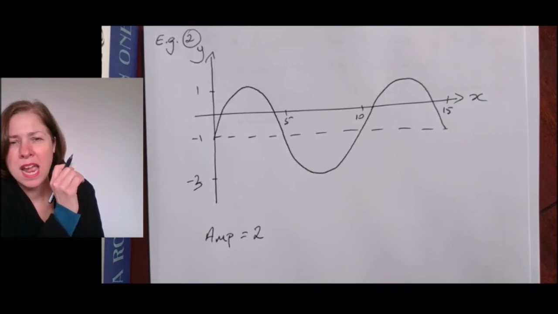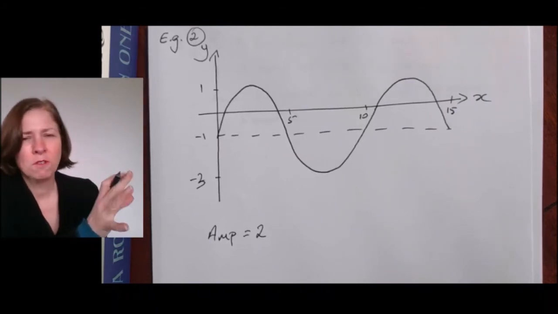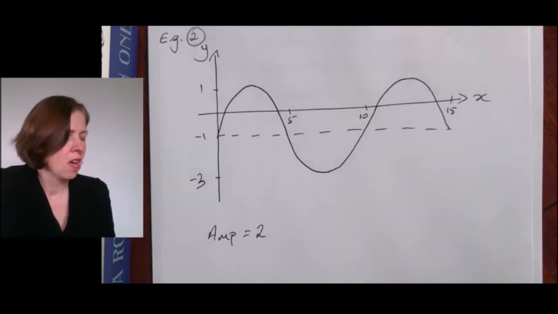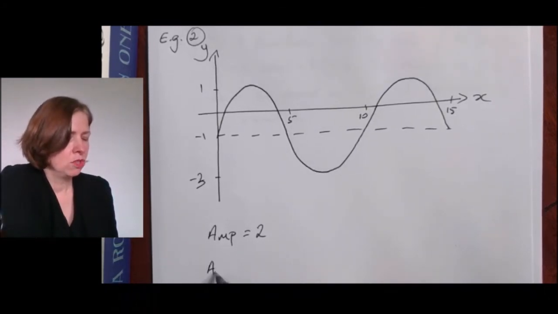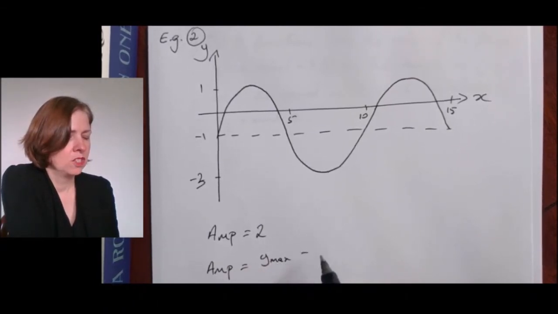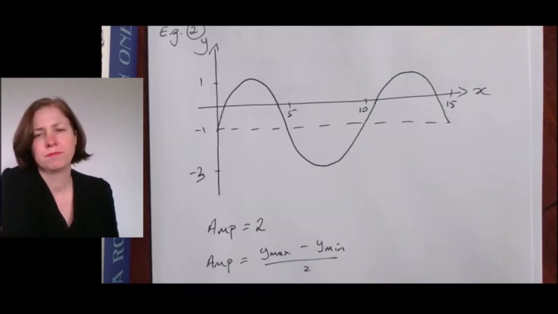There is another way I can look at this though. If I wasn't that confident, or if I didn't have whole numbers, I can simply say the amplitude is going to be the maximum y, subtract the minimum y, and I'm going to use this equation a little bit later, and then divide it by 2.